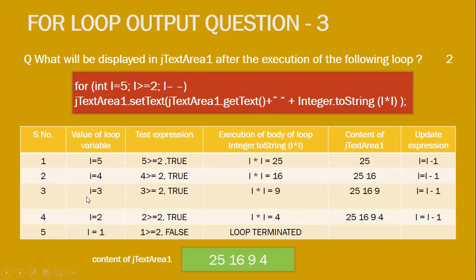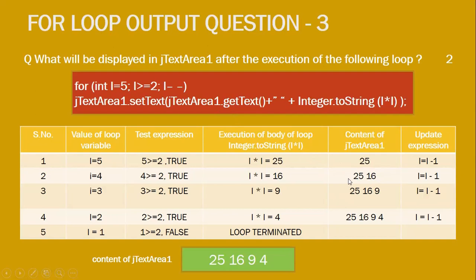So in the third iteration, the value of I will become 3. 3 is greater than or equal to 2, yes, the condition is true, so again the loop body will be executed. As the value of I is 3, 3 into 3 will become 9. Now it will get the text stored in JTextArea1.